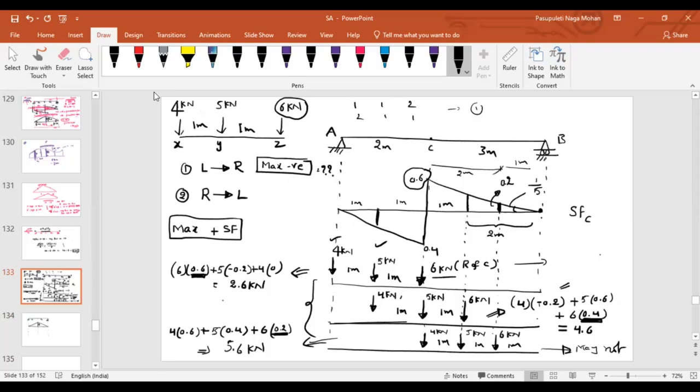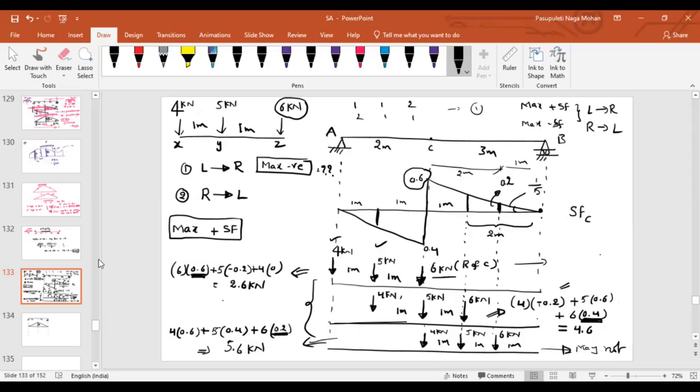Okay, sir. Yes. In the same way, for this loading, you have to find the maximum positive shear force and maximum negative shear force, if the loads are moving from left to right, and also if the loads are moving from right to left.